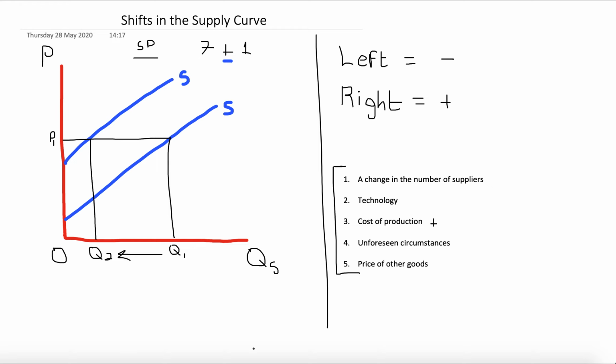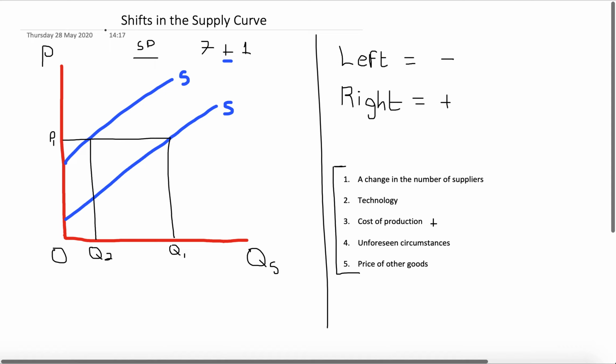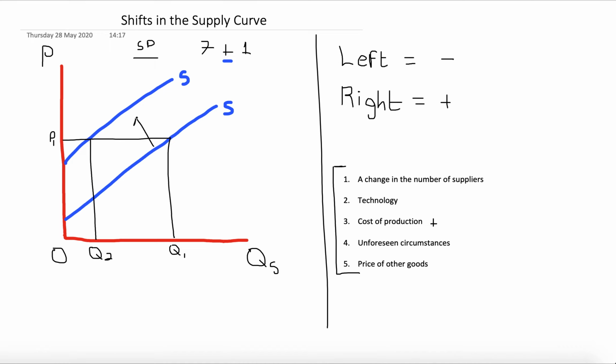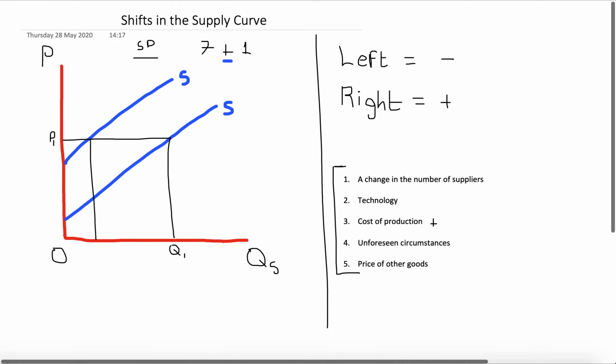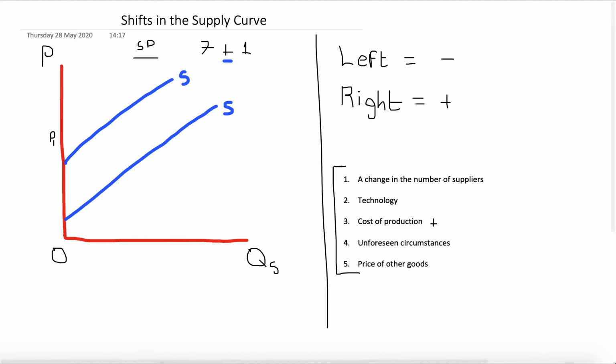So there's another thing to note, I suppose. The bigger the shift, the bigger the decrease in quantity. The further apart these supply curves are, the greater the difference in quantity. Okay. Another thing that matters is the slope, and we'll get to that in another episode when we talk about elasticity.